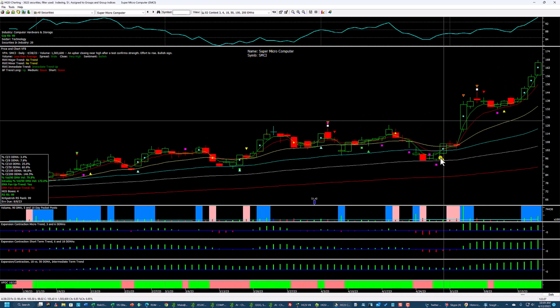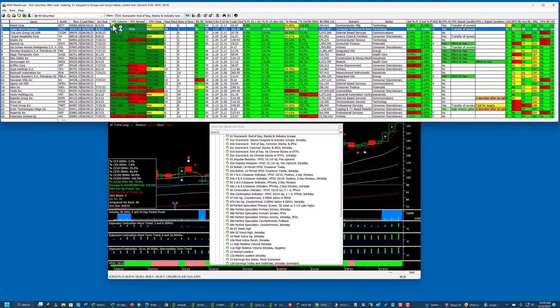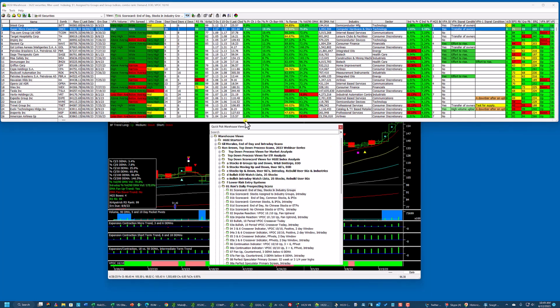But this is very important, the VPA flags and also the crossovers. So that is why I am standardizing to this view. I don't have them all done yet, but I have most of them, or a lot of them done, and over the coming week or so I will have it complete with all of the views.